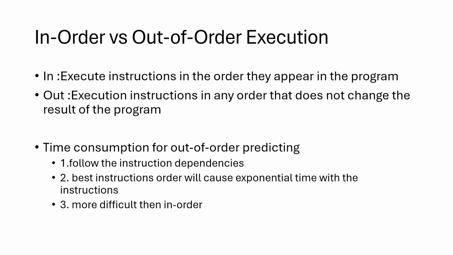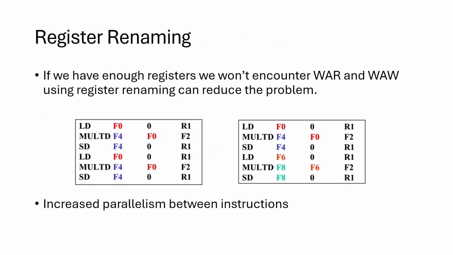And register renaming. Why will data hazards like WAR and WAW happen? Because we don't have enough hardware resources to fulfill all the instructions, so the computer has to reuse the same register.